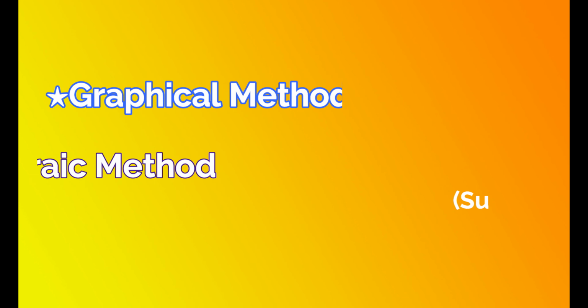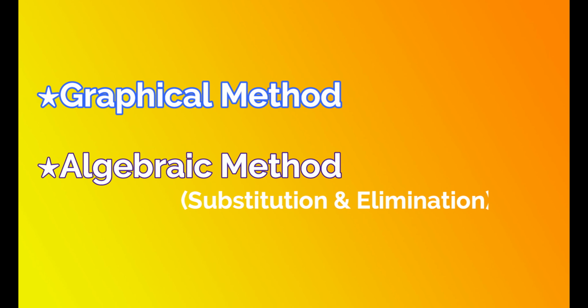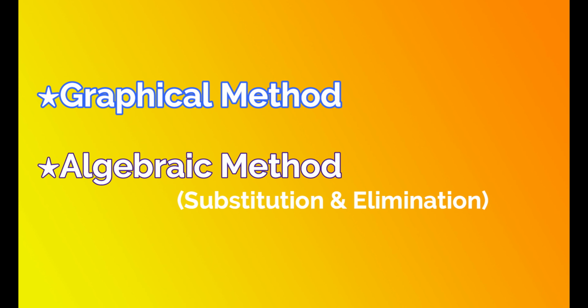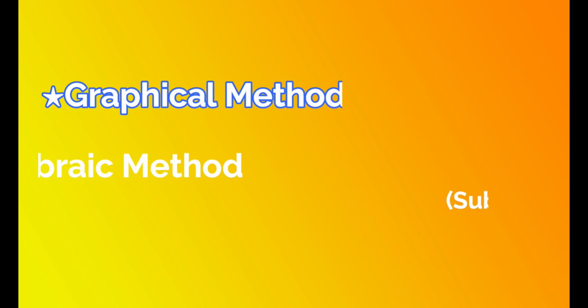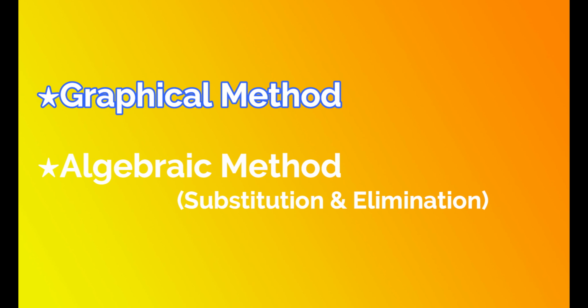One is the graphical method, that means finding the solution with the help of a graph, and another is the algebraic method, that is, using algebraic expressions like substitution and elimination.